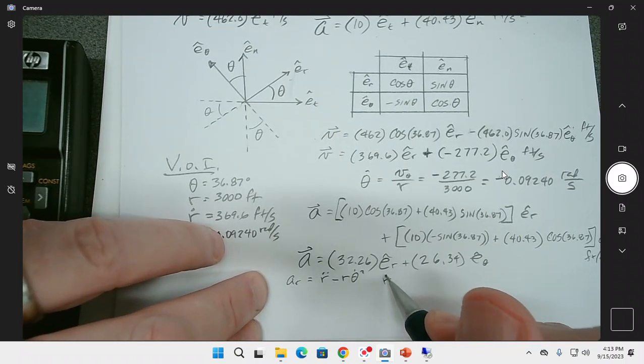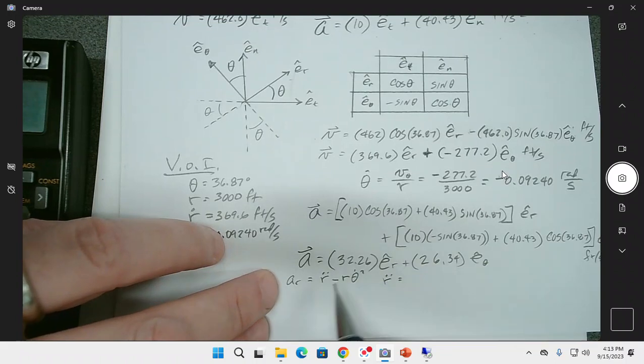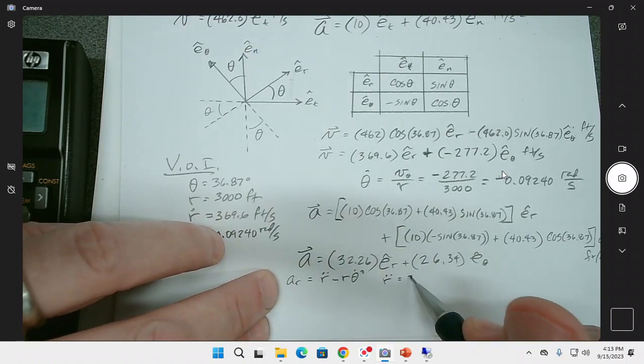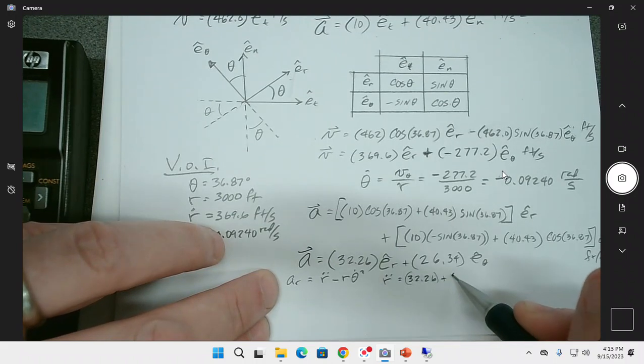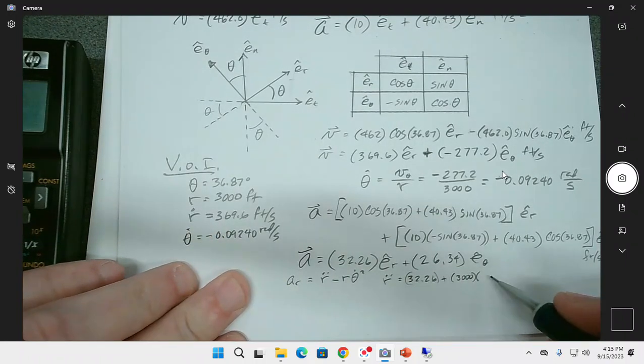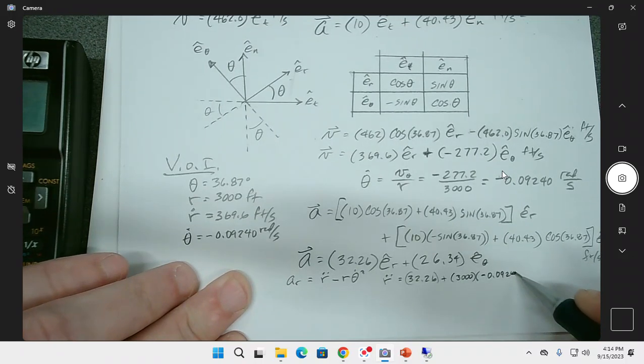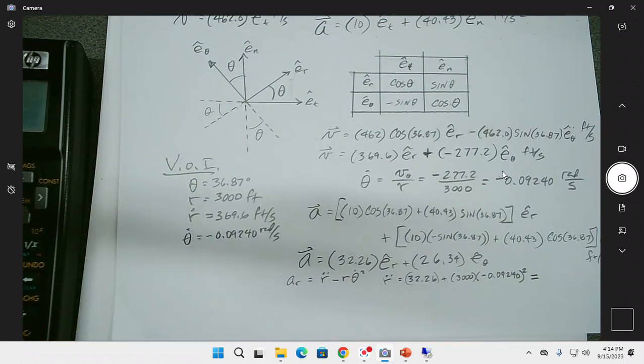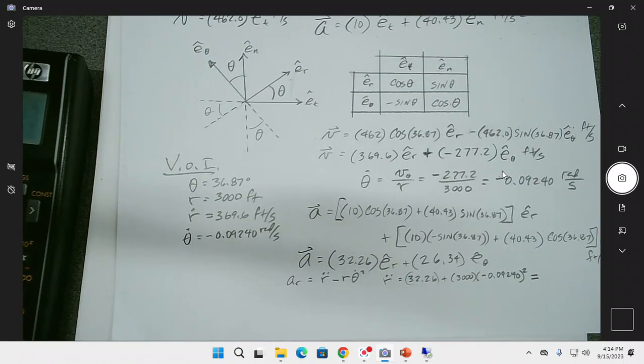Therefore, you can find R double dot is equal to this value, 32.26 plus R, which is 3,000, times theta dot squared, 0.09240 squared.